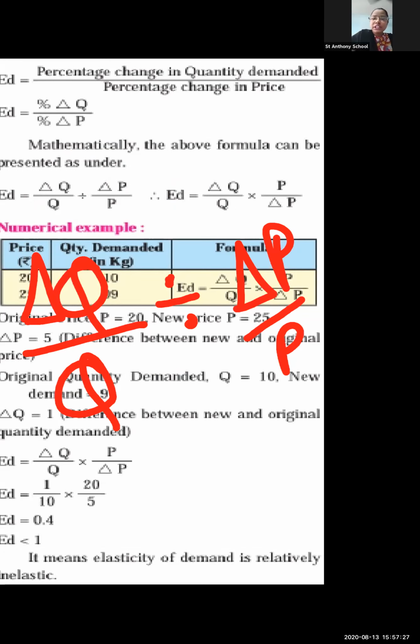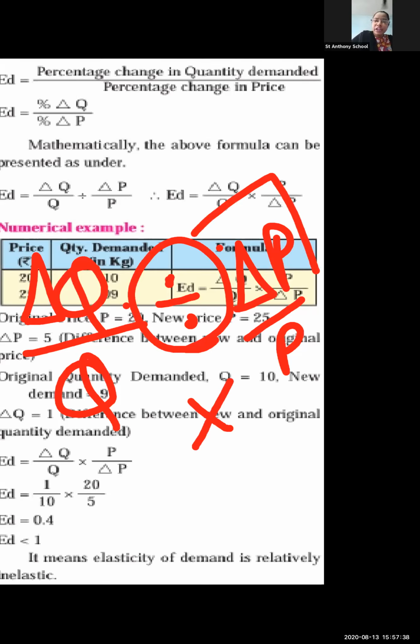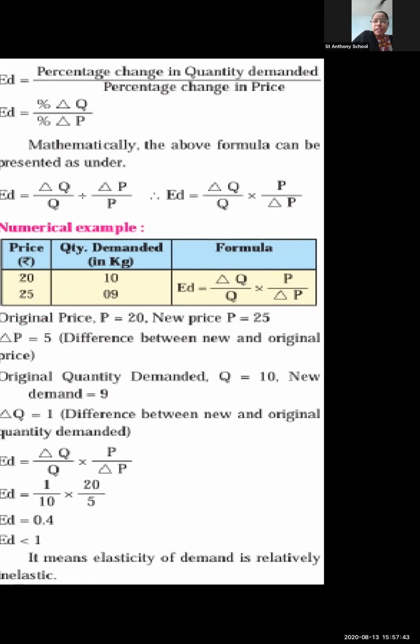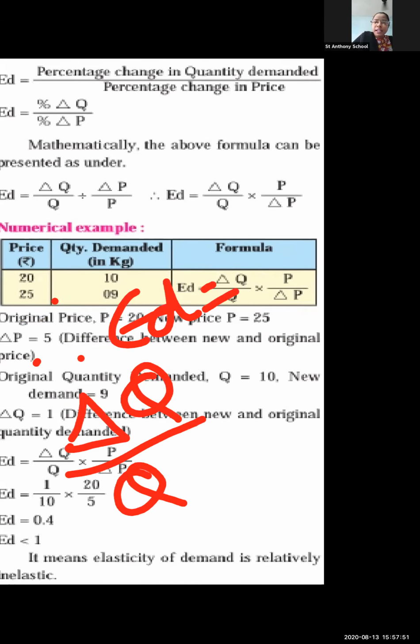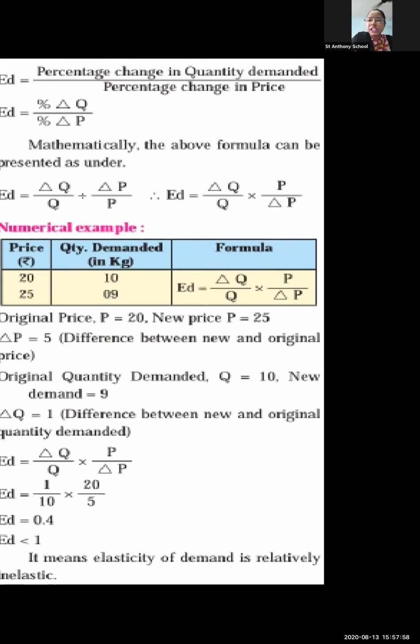As we cannot divide this by this, the division turns into multiplication, and the right side equation gets upside down. So the new form: ED, that is elasticity of demand, is equal to change in quantity upon Q multiplied by price upon change in price. I hope the content is clear till here.